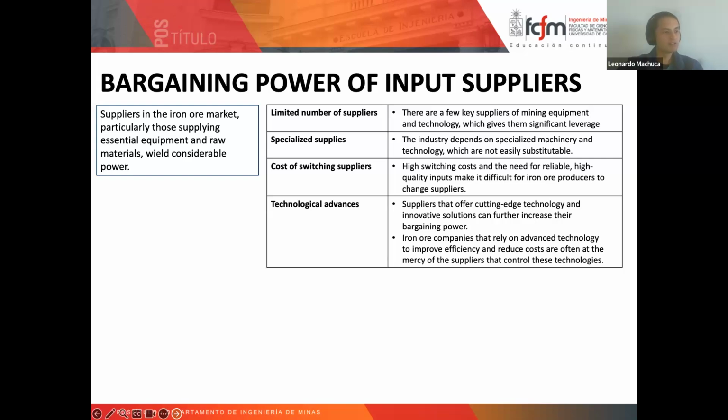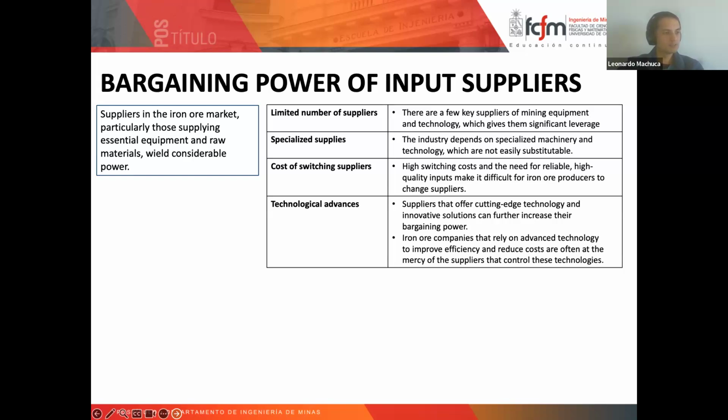Specialized supplies. The industry depends on specialized machinery and technology, which are not easily substitutable. The cost of switching suppliers, high switching cost, and the need for reliable, high-quality inputs make it difficult for iron ore producers to change suppliers.